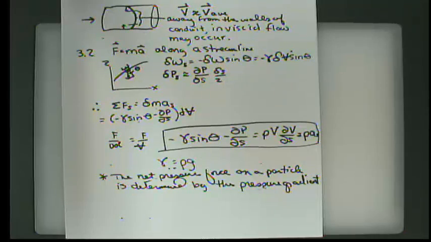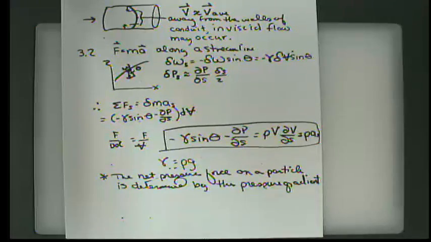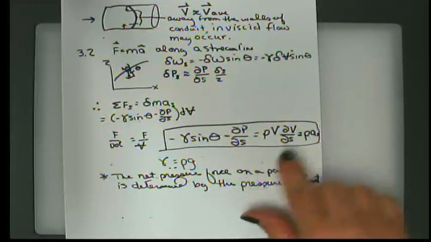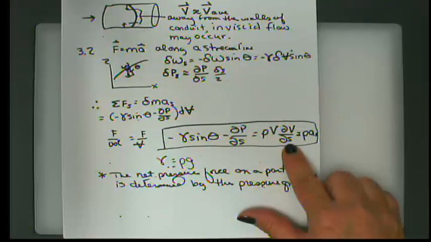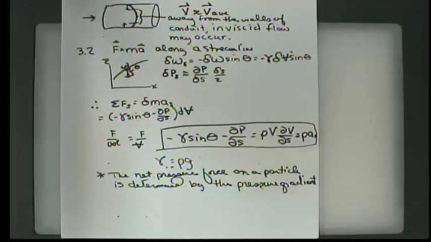In your textbook, example 3.1, they do this where you have a velocity as a function of an initial velocity, which is a constant, of course, and a position in x. So you can see that if it's given as an x, the streamline is directed along the x, so dV dx would be equal to dV ds in that particular case, and you can work that problem through and see where you're going to go with that.